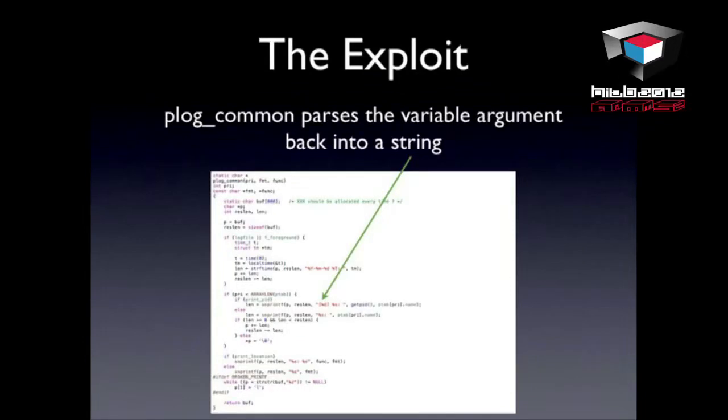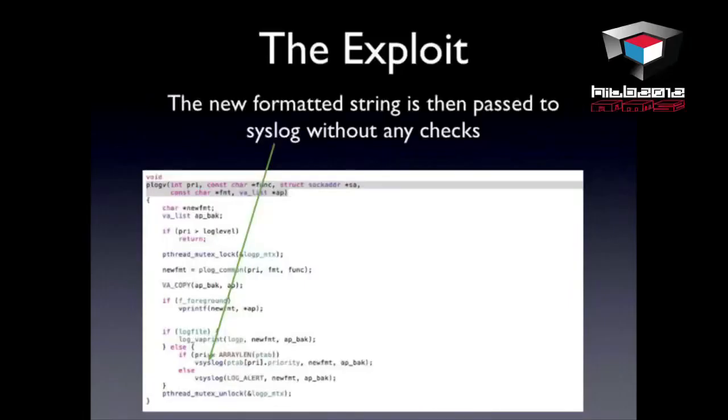It passed a variable argument function into here, reformatted it into a string and then passed the new format back into plogb, and then without even checking it, it just sends it to syslog or the terminal.